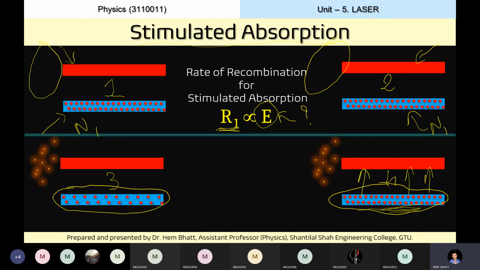So where will stimulated absorption be more, 3 or 4? In 3 more absorption will take place, or in 4?